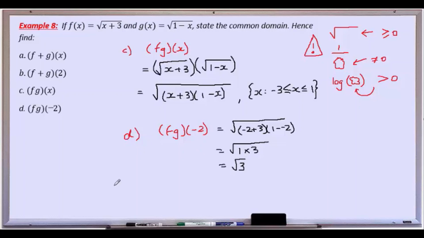And there's my answer. And that's how we add and multiply different functions. Make sure that we always remember our restrictions on the domain, even if you can't spell it, and you'll be going great guns.